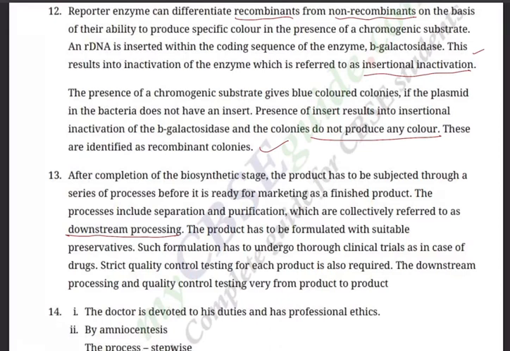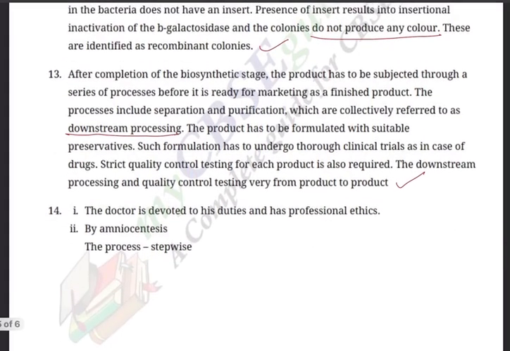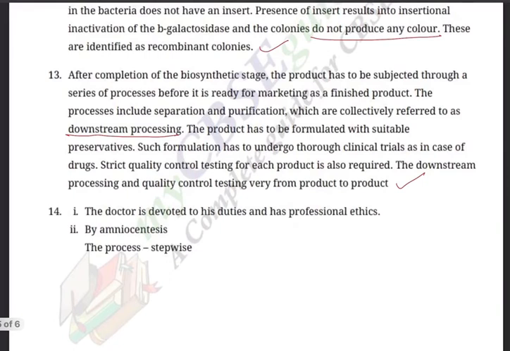The product has to be formulated with suitable preservatives. Such formulation has to undergo thorough clinical trials as in the case of drugs. Strict quality control testing for each product is also required. The downstream processing and quality control testing vary from product to product.